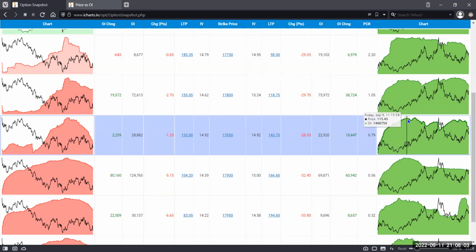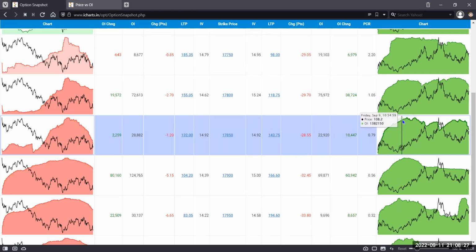We are assuming these are writers because price has been going down. So this is put price going down and OI increasing. Now once the put price starts increasing for this particular strike, what will these writers have to do?